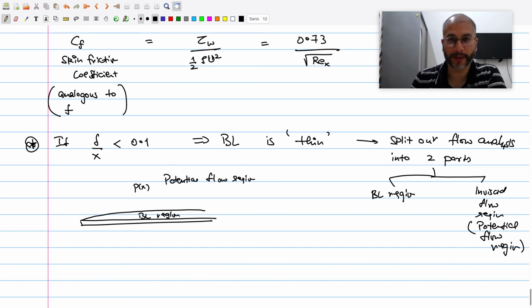The pressure varies as you go from left to right, and in the boundary layer region we can simply use this p as a function of x. Because it is so thin, and we will show it in the next lecture, we can say that the pressure variation with y is almost 0. So whatever pressure is outside the boundary layer at any given x is the same as inside the boundary layer. This idea can be used only if the boundary layer is thin.